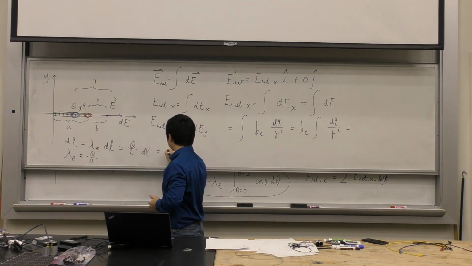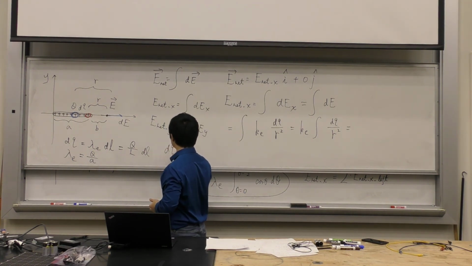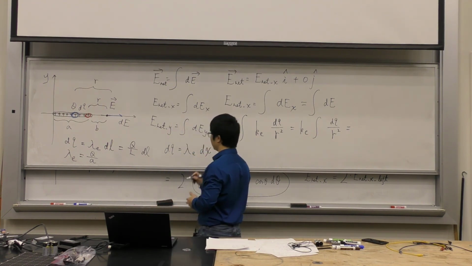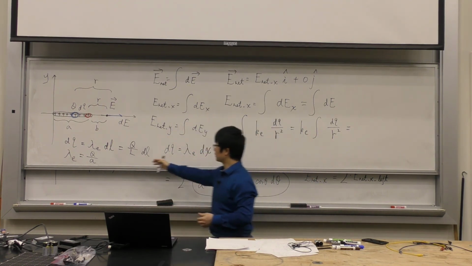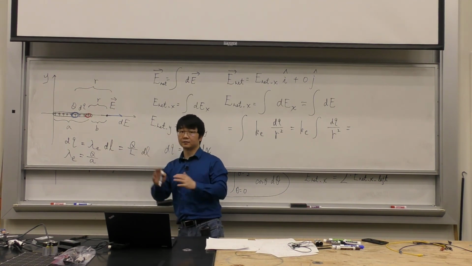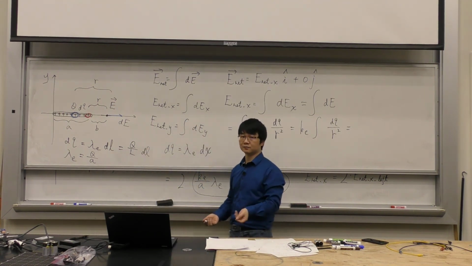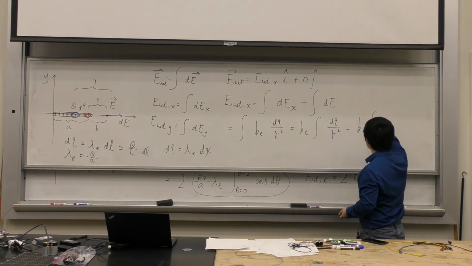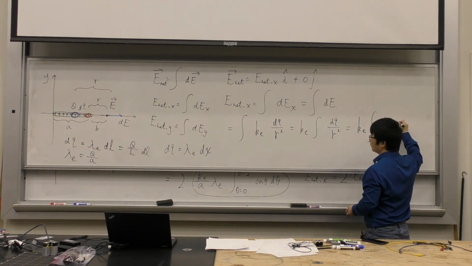So I can just write the dq as lambda dx, or you can just carry this Q over A if you like, but I'm just going to plug it in at the end. So I have ke lambda dx over r squared, okay?